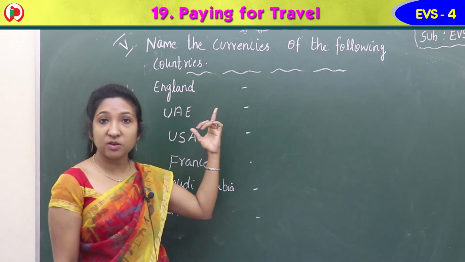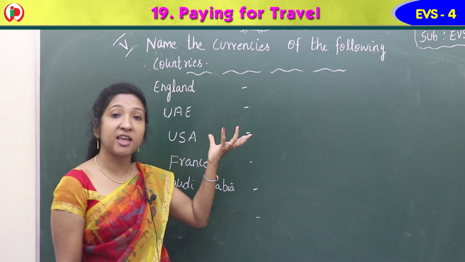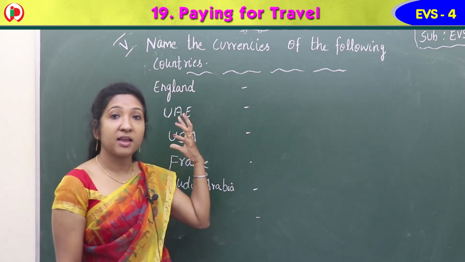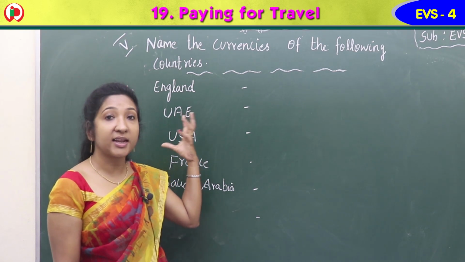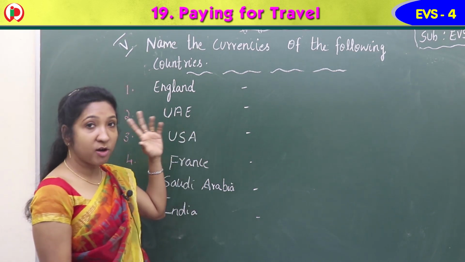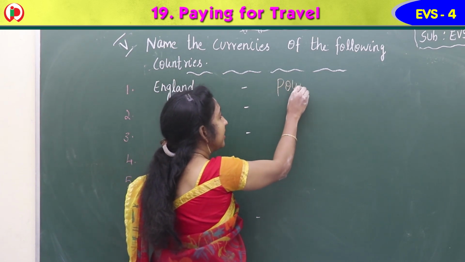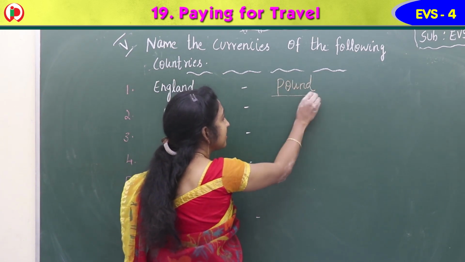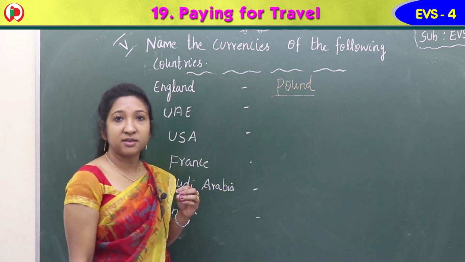Which currency is used in England? England currency is pound. So write pound, P-O-U-N-D, pound. It is a currency used by England, isn't it?